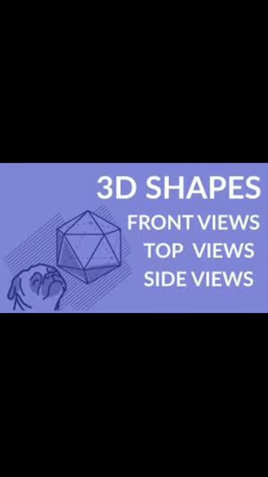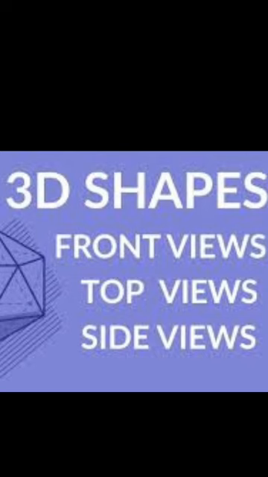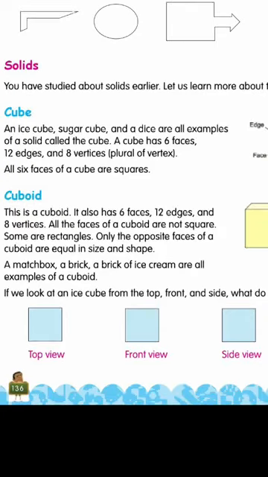Now we will observe the views of these 3D shapes. That means their front view, how it looks when we are watching it from the front, the top view and the side view. Now let us see.